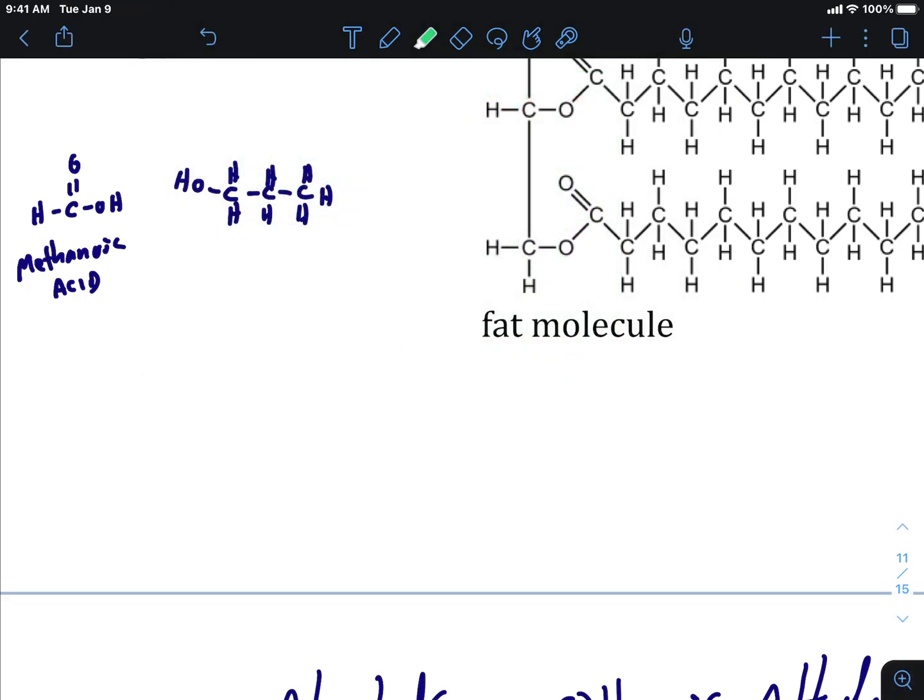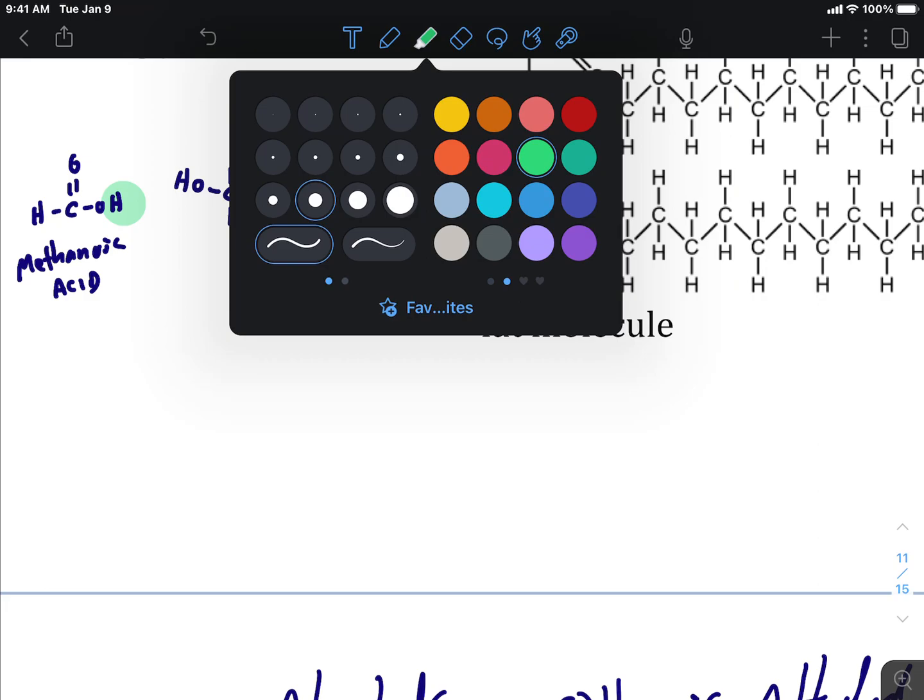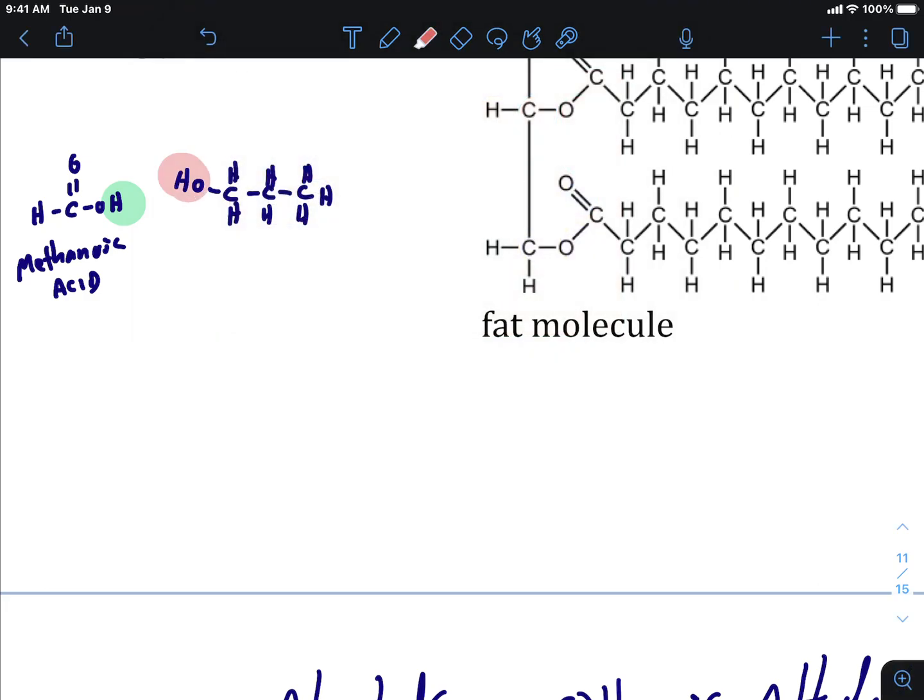It's the H plus from the acid. It's the OH from the alcohol, the hydroxyl. We're going to get this. I should have used a different color.